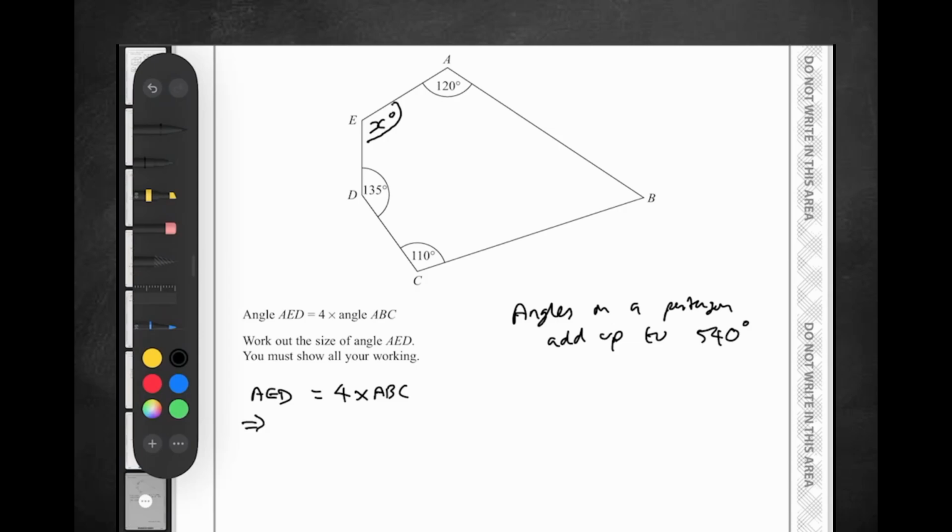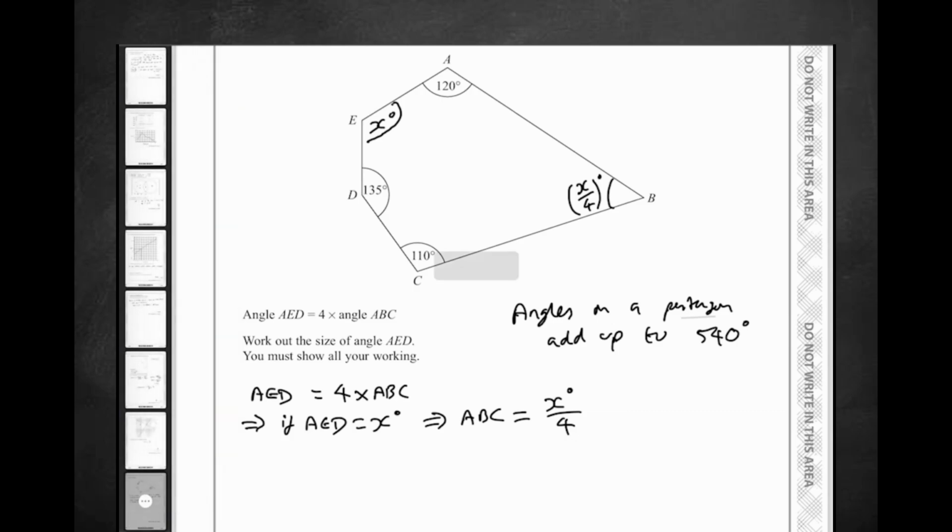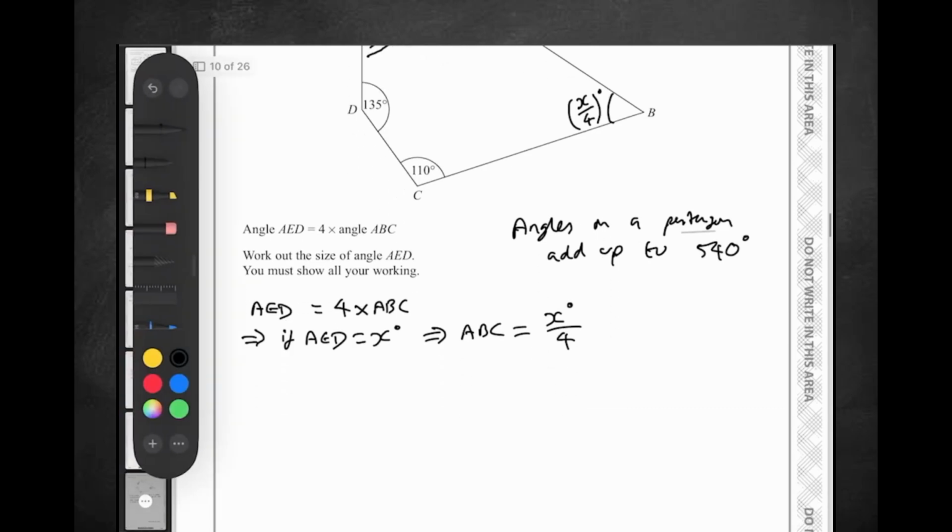Therefore, if AED equals x degrees, then ABC equals x degrees over 4. So I'm going to put in here x over 4 degrees. So now we just need to add up all these things and get to 540.